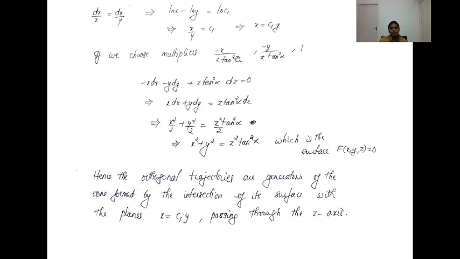And again, if I choose this as multipliers, I have not used a constant here, because you can see that the solution is actually your surface f of x y z equal to 0. That's why I have omitted the constant. So this x equal to c1 y denotes the orthogonal trajectory. So here the orthogonal trajectory will be the planes of the form x equal to c1 y passing through the x-axis.